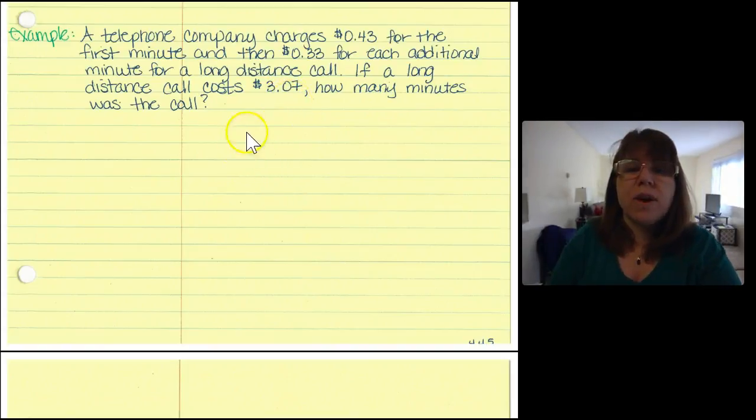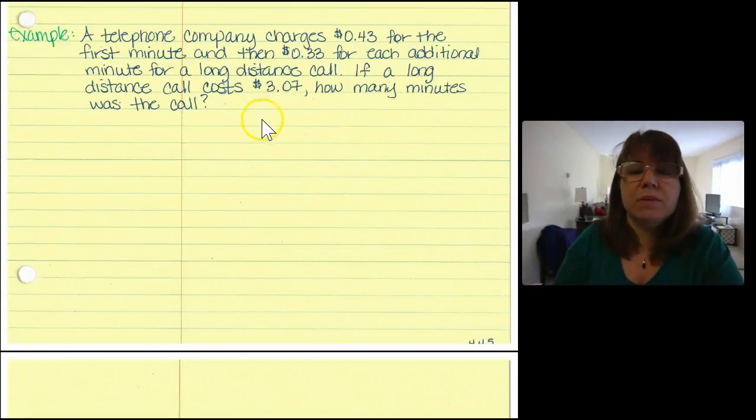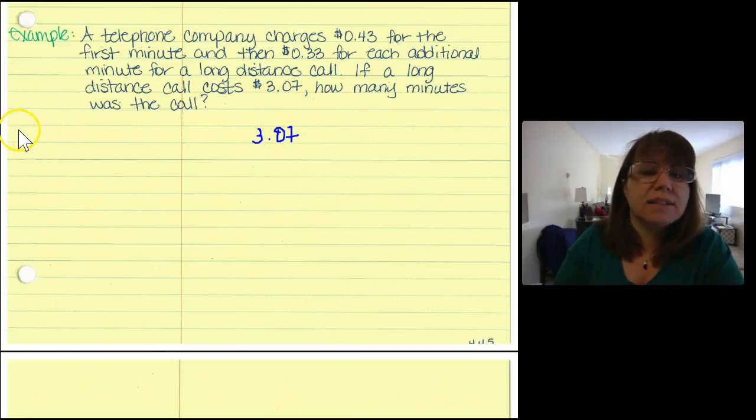So I'm going to take this 3.07, I should probably be doing this off to the side, 3.07, and we're going to subtract that very first minute that we talked, because we know that's 43 cents of our bill. 0.43.